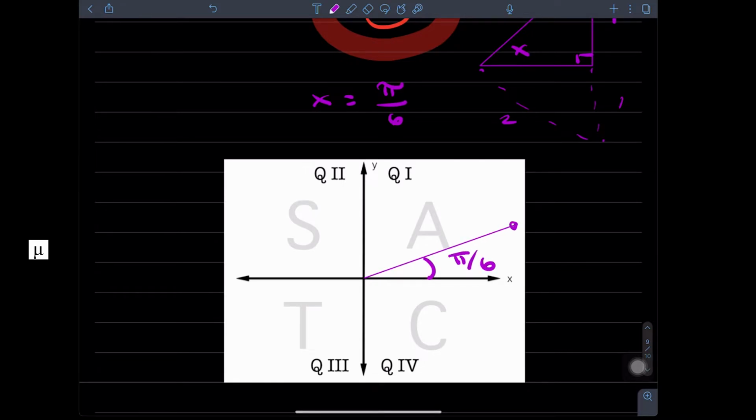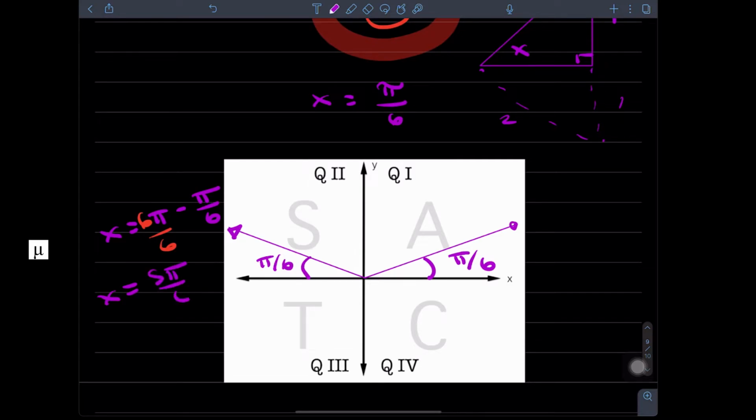This is pi over 6. This is also what? Pi over 6. Okay, remember, all students take calculus means sine is positive in quadrant 1. It's positive also where? Quadrant what? 2. But in quadrant 2, this is pi minus that pi over 6. And don't forget, the arithmetic is 6 over 6. So you're going to get now what? 5 pi over 6.